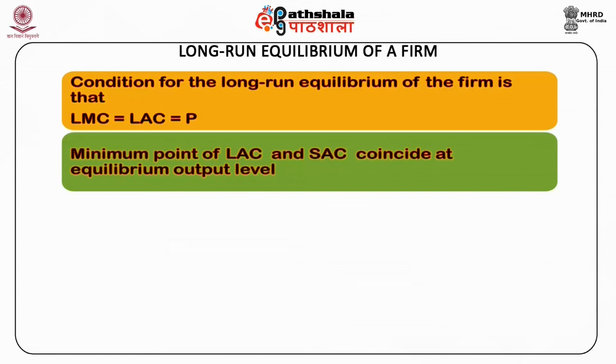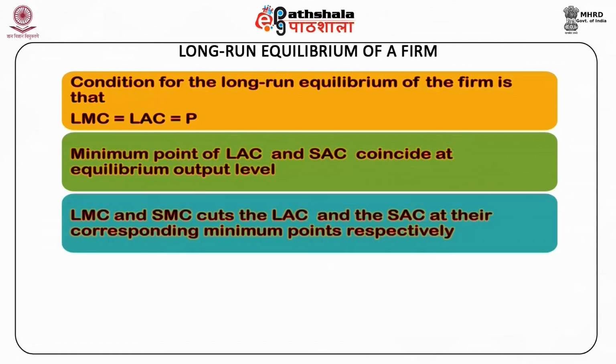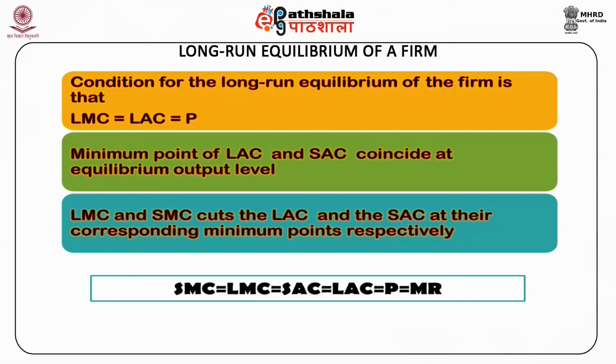At the same time, the long run marginal cost and the short run marginal cost cut the long run average cost and the short run average cost at their corresponding minimum points respectively, so that we can say that short run marginal cost is equal to the long run marginal cost, which is equal to the short run average cost, which equals long run average cost.